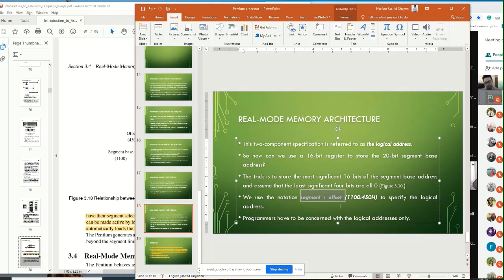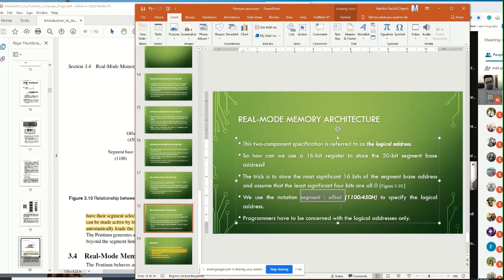But if you know two pieces of information regarding the book, you can easily find it. First information is the shelf number. Let's say there are 50 bookshelves, and we know that in the fifth bookshelf we have this book.